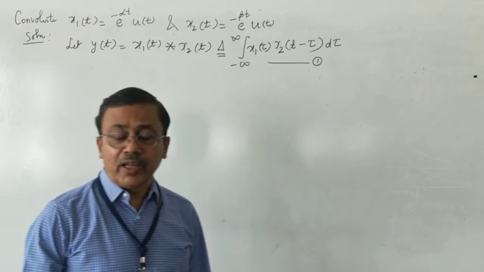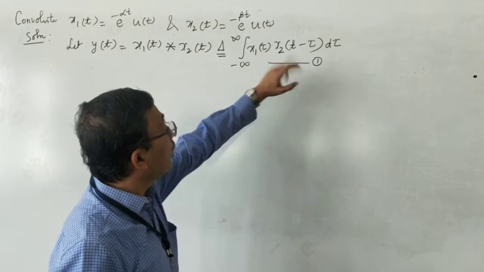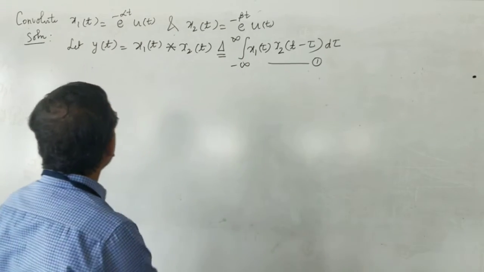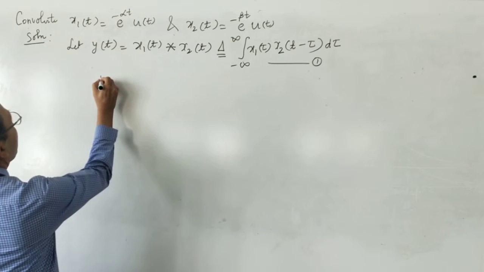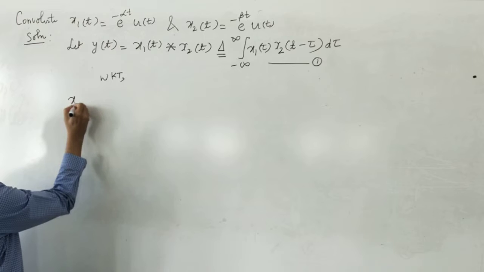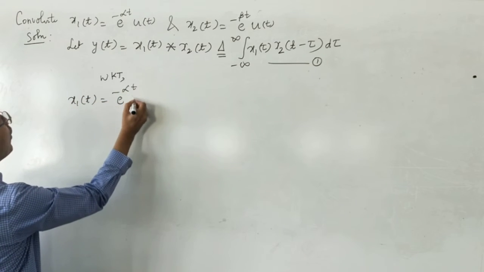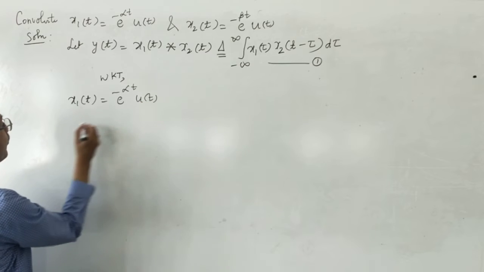The next step in the analysis is to sketch the functions x1 of tau and x2 of t minus tau. We know that x1 of t equals e to the power minus alpha t into u of t.